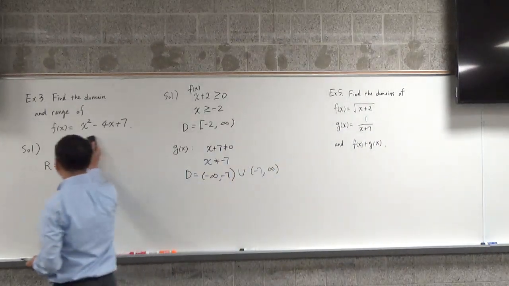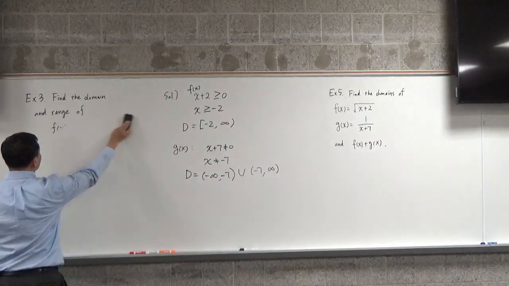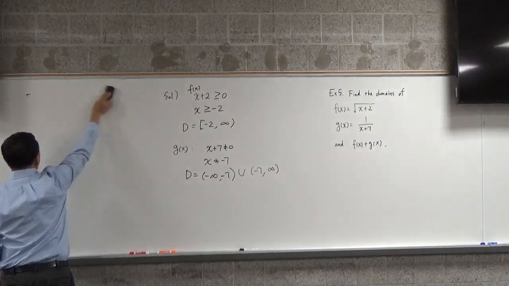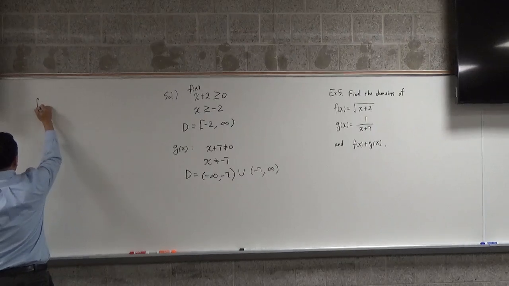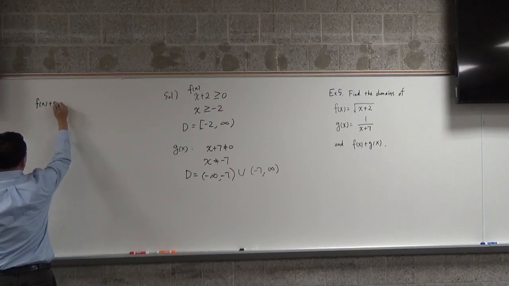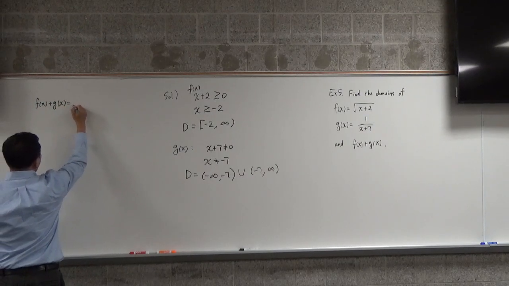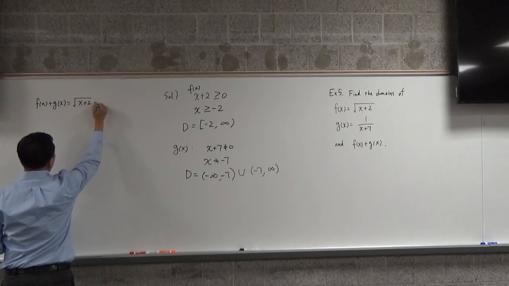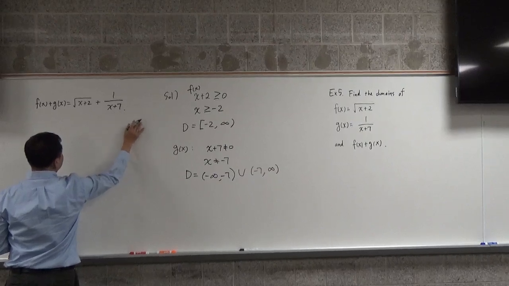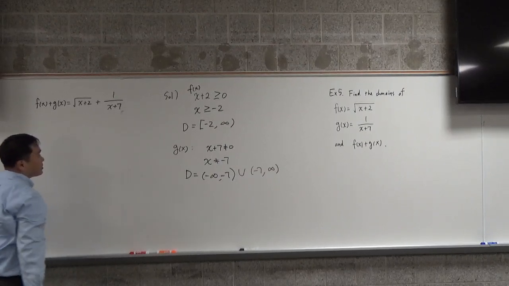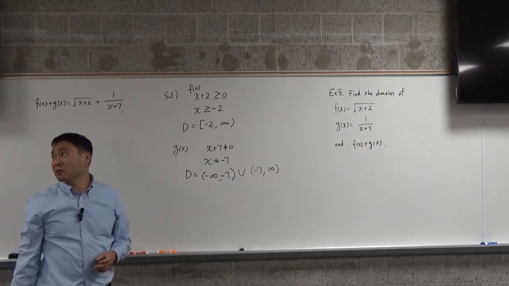Okay, now what about f of x plus g of x? Well, f of x plus g of x is square root of x plus 2 plus 1 over x plus 7. And that tells us that we have two requirements.